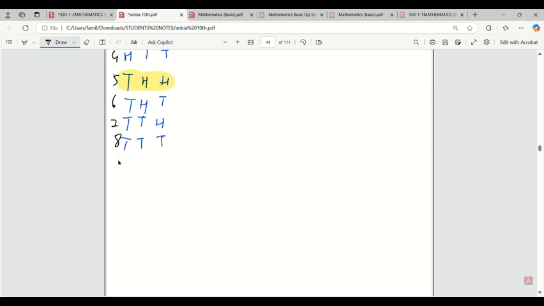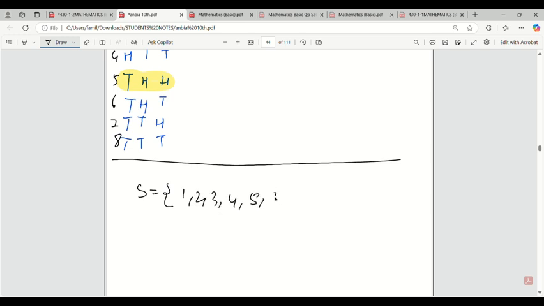So what is the sample space for a die? The sample space for a die will be 1, 2, 3, 4, 5, and 6. Out of that, only one outcome they are asking, means favorable outcome is only 6.